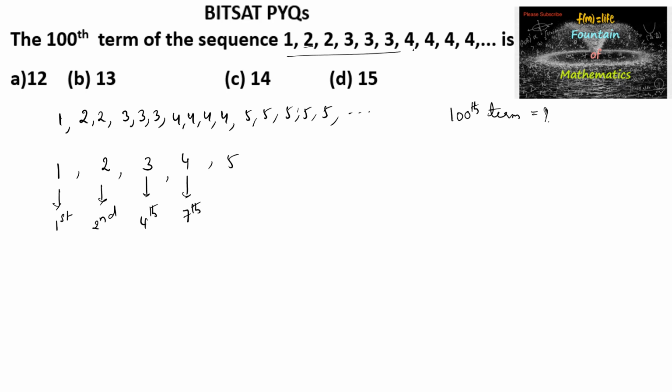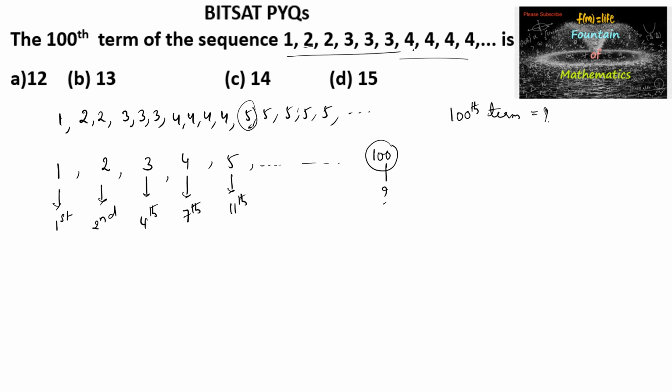Similarly, the next, 5, is obtained in the 11th position, and if it continues like this, in which position does the 100th number lie?